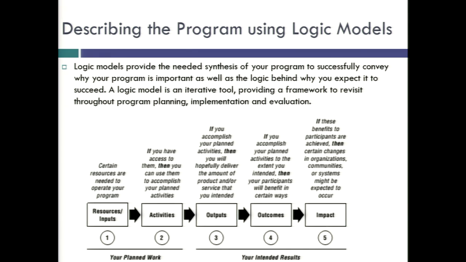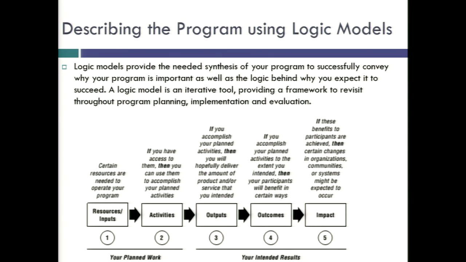So it has several components. Some of the early parts of the logic model is about your planned work in the program, so what resources you have available, and then how you're going to use them to implement certain activities. And then your intended results are your outputs. So what will you deliver, and by how much?